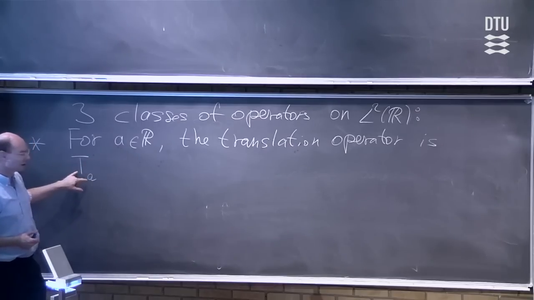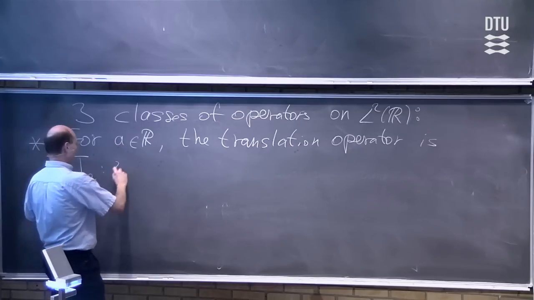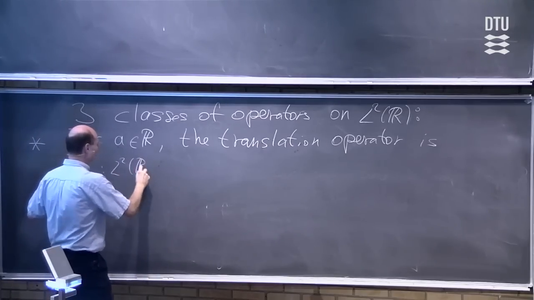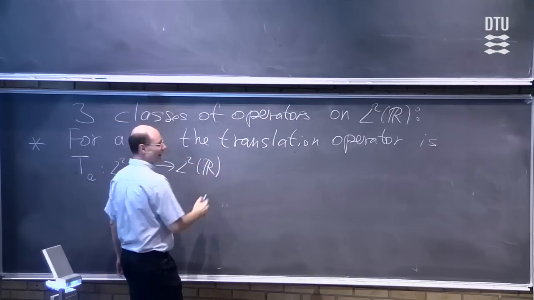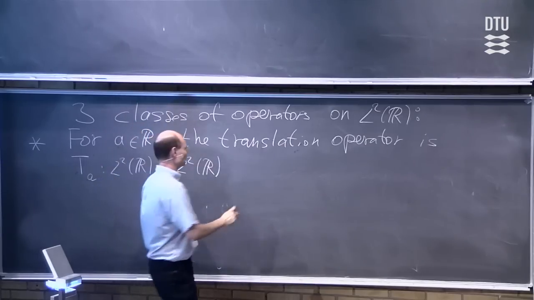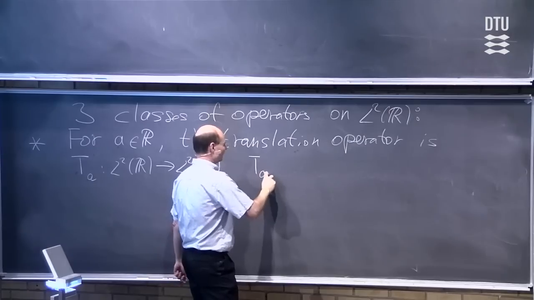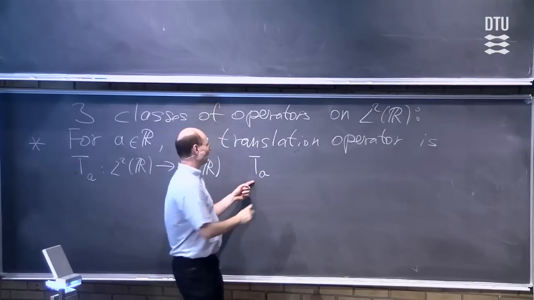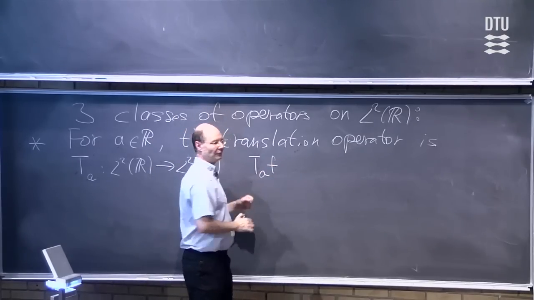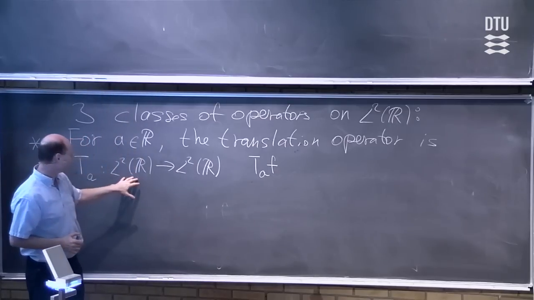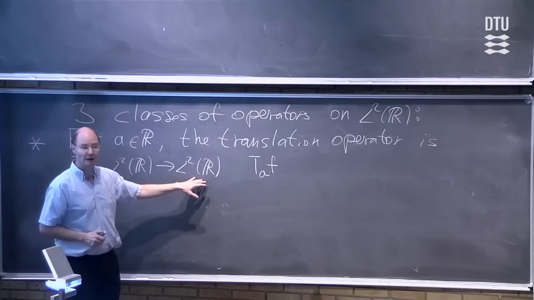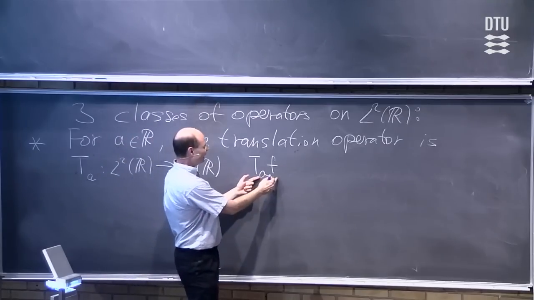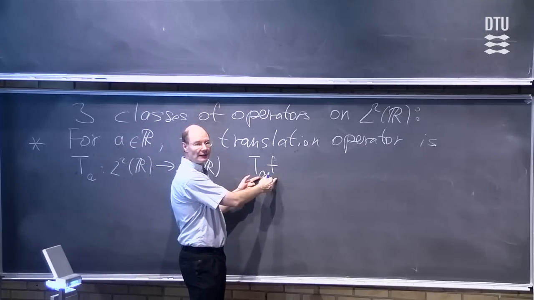So for each a, T_a will be an operator, and it is supposed to go from L2 of R into L2 of R. And the way it acts on a certain function is that if you take the operator T_a and apply it to the function f, so that means we put in a function that belongs to L2 of R, then a new function in L2 of R comes out.